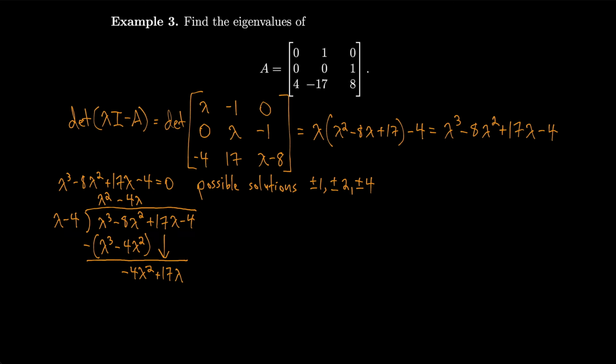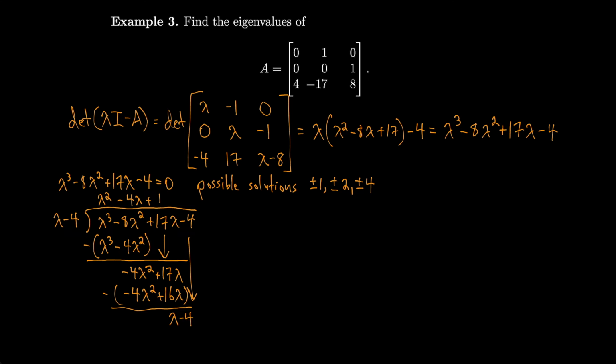I'll multiply, I'll get minus 4 lambda squared plus 16 lambda. Now I'll subtract, and I'll end up with lambda, and then I'll bring down the minus 4. And then lambda fits in lambda minus 4 exactly one time, and there's no remainder.